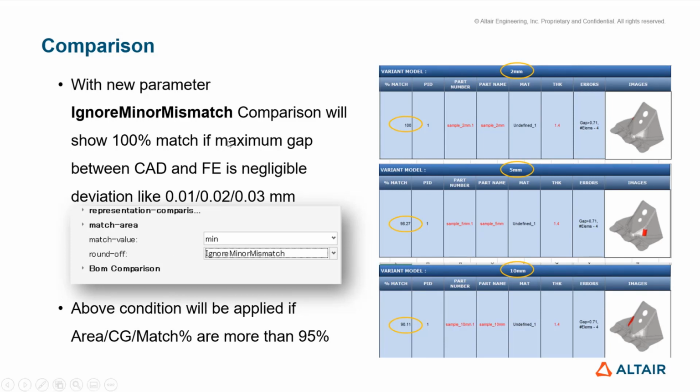So we have come up with an idea: the ignore minor mismatch option.